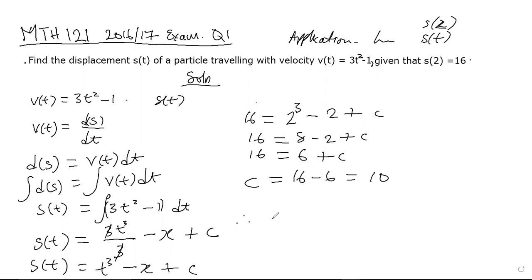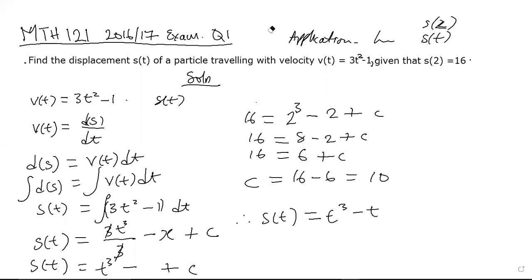Therefore, the equation representing the displacement, s of t, equals t raised to the power of 3 minus t plus c, and our c is 10. This was not supposed to be x, it's supposed to be t.